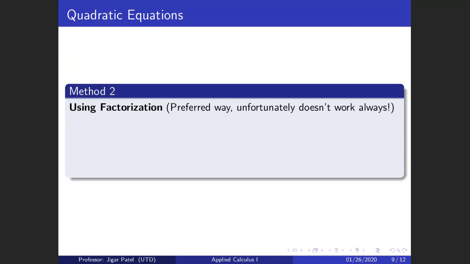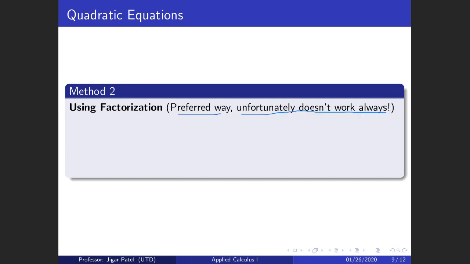This method is called the factorization method. This is the preferred way. All right. Why am I saying it's a preferred way? Because this is the fastest way to solve the quadratic equation, if applicable. As I said, unfortunately, this method does not work always.